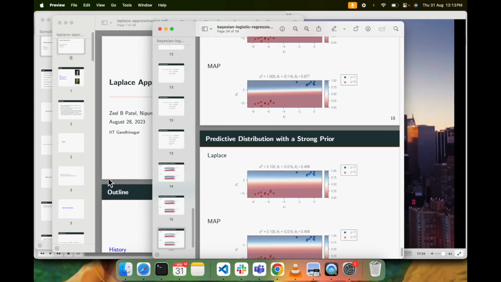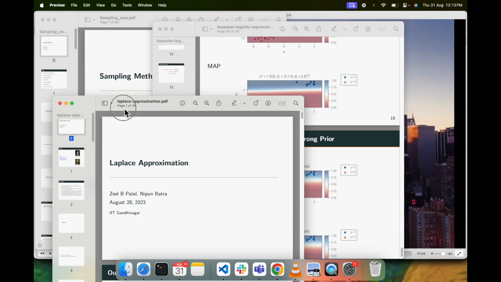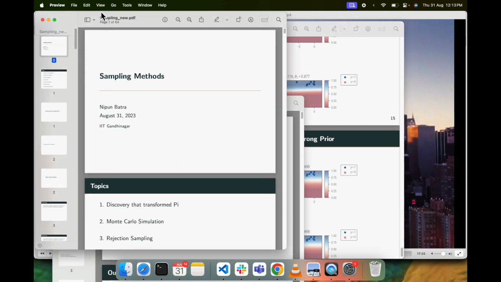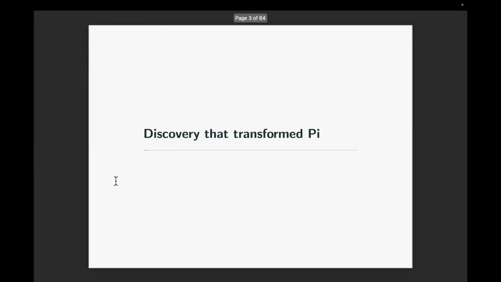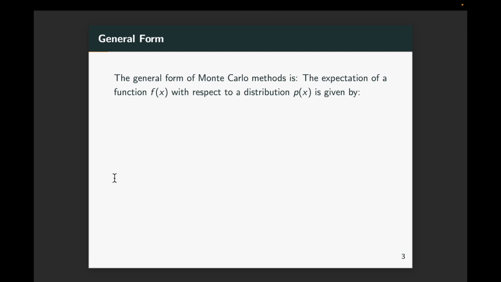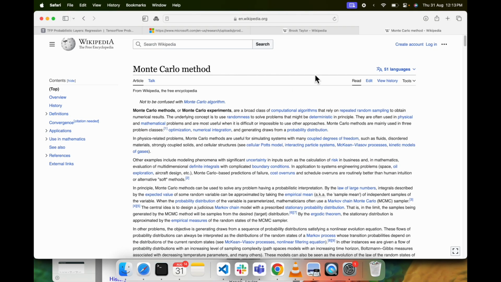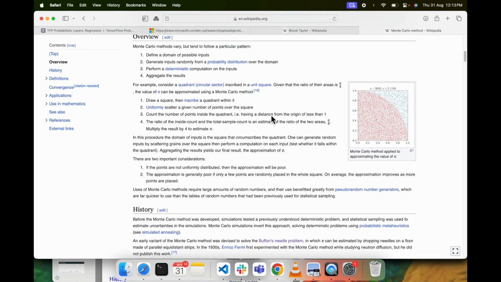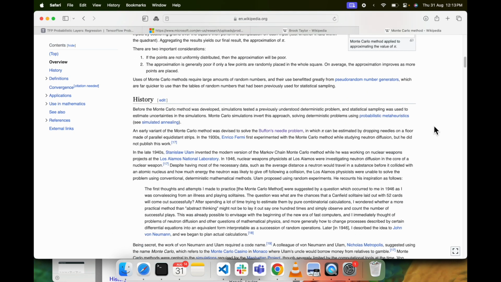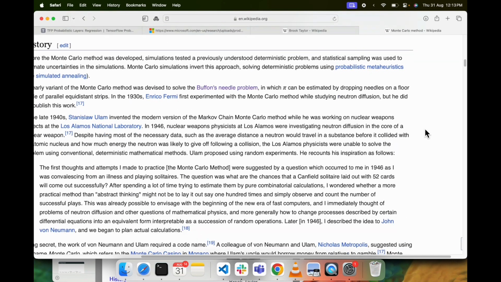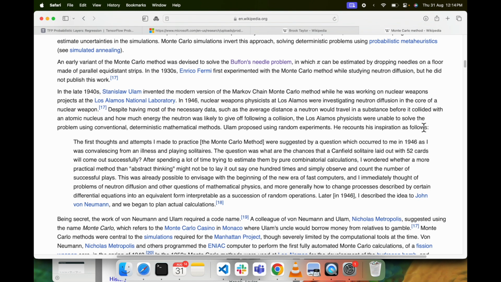Okay, so now we come to Monte Carlo sampling, which is my favorite topic in this course. There's a bit of history for the Monte Carlo method. Whenever we discuss this topic, we do end up discussing the evaluation of pi. But if you look at the history, you'll see some names you might have heard earlier.